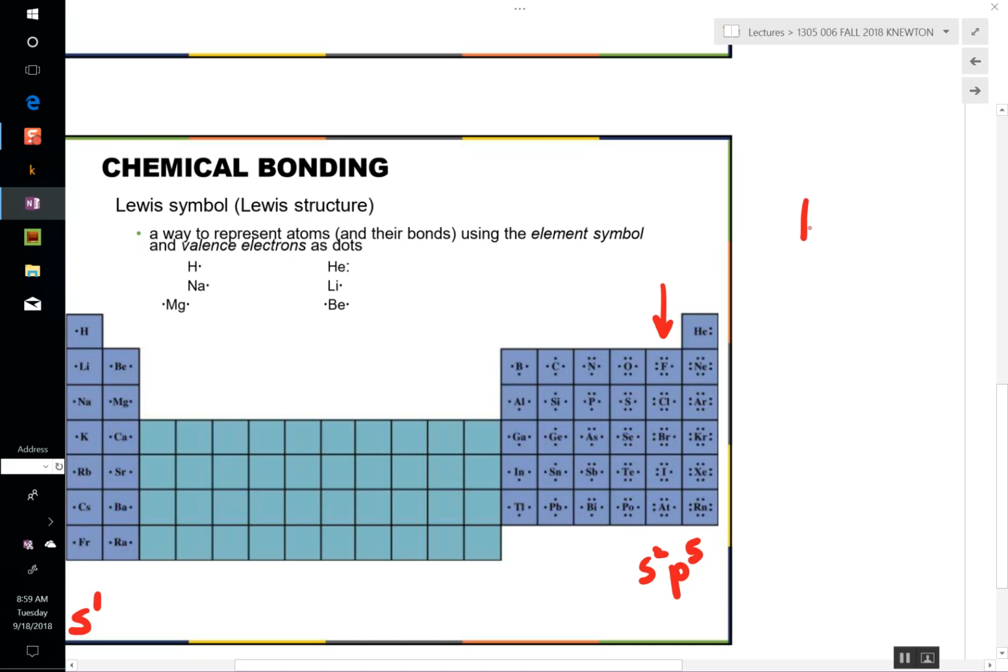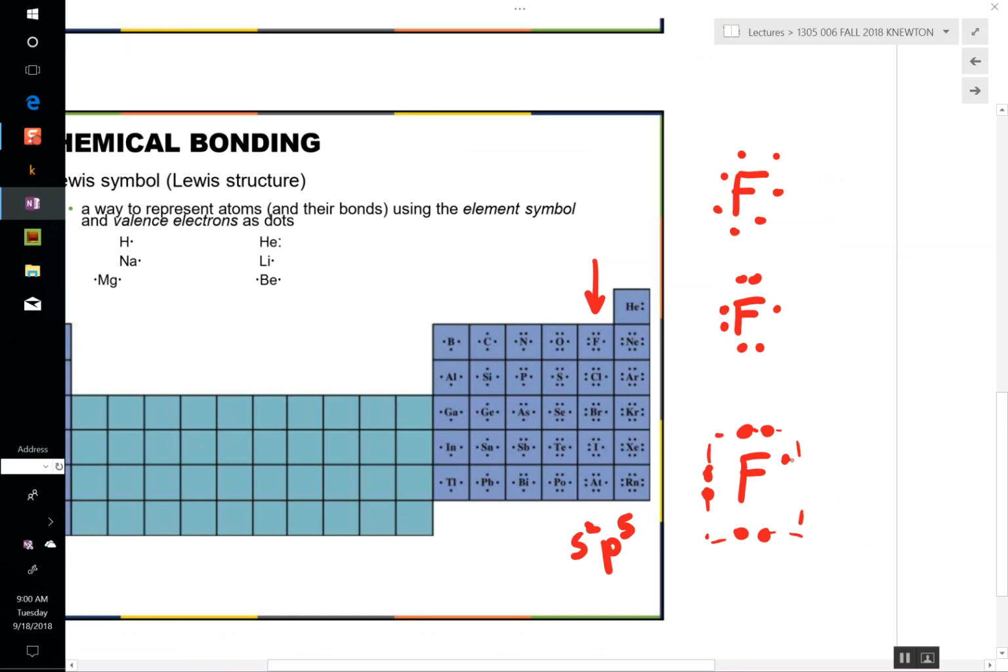All right? And when we put those, don't do it this way. Don't just go 1, 2, 3, 4, 5, 6, 7, randomly putting the dots around there. The better way to do it is like this. Imagine you've got a little box around these, and you're putting pairs of electrons, 2, 4, 6, 7, like that.